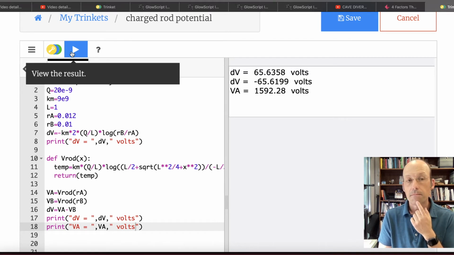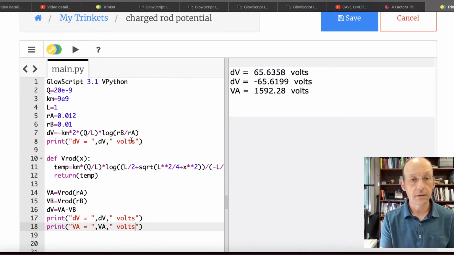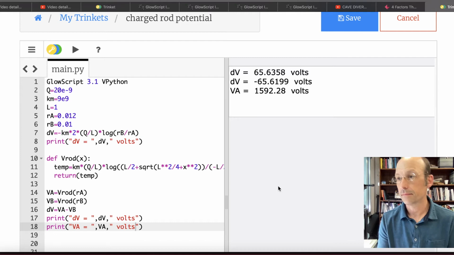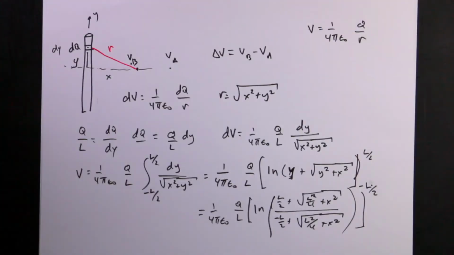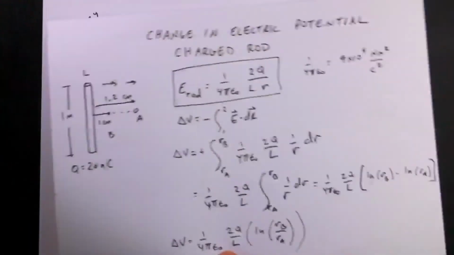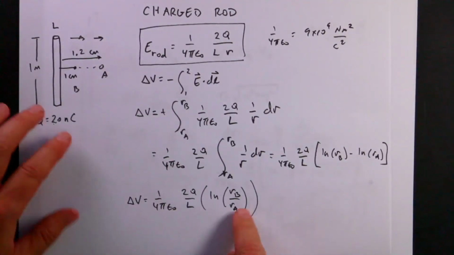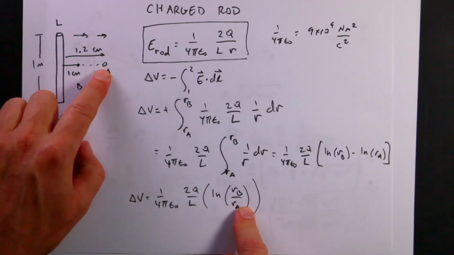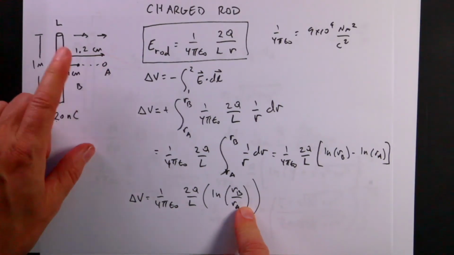Now, what if I use this? Let me go back to the paper, because I'm going to show you it doesn't work. Okay, here's my previous calculation. If I want to find the potential at A, let's do B, it doesn't really matter.